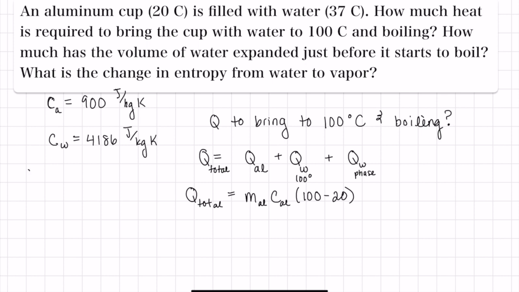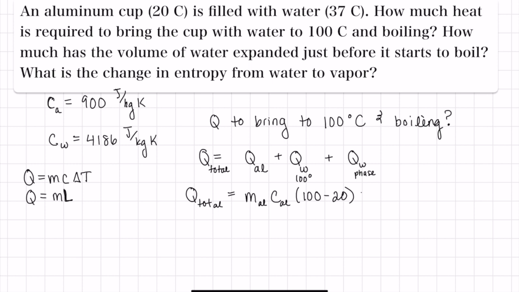I also want to write the Q equals mc delta T equation for specific heat and raising the temperature of a substance, and then we have the latent heat equation for phase changes, where that is just mass times L.